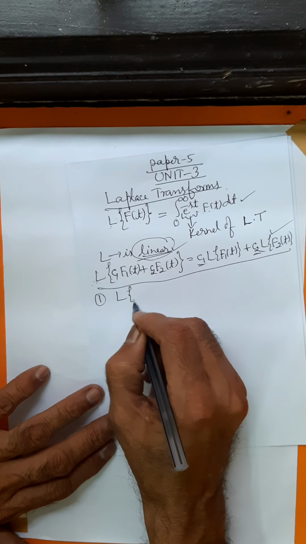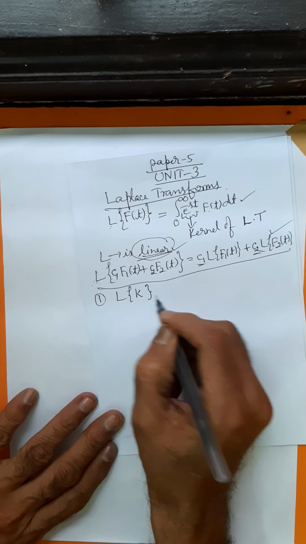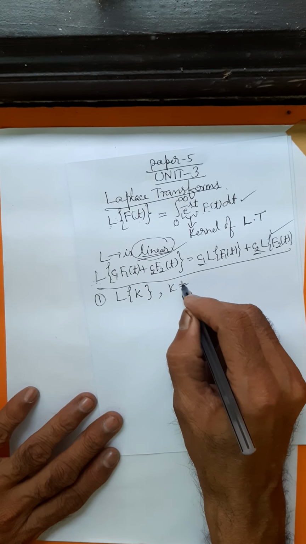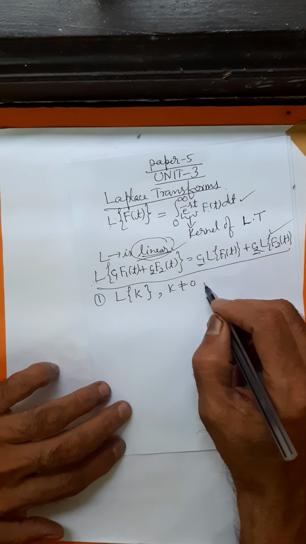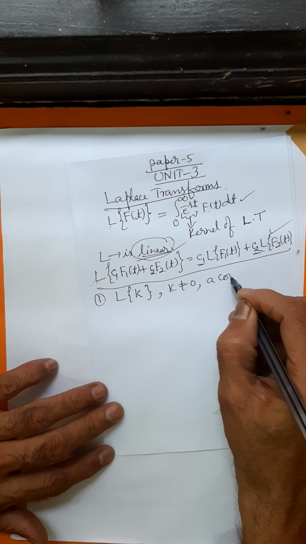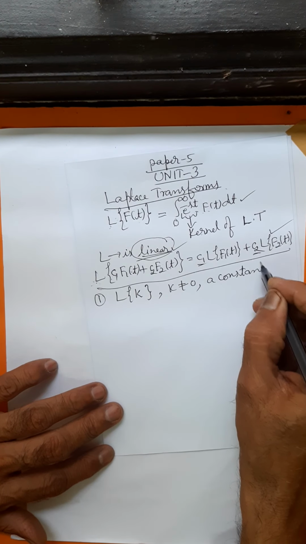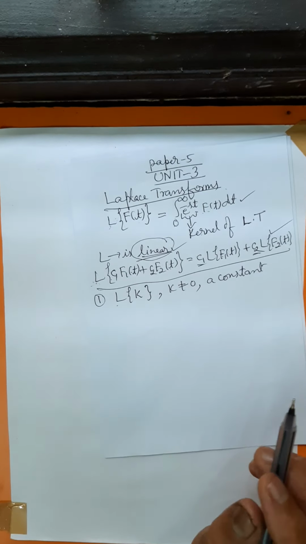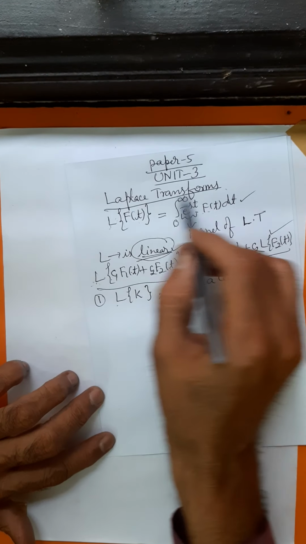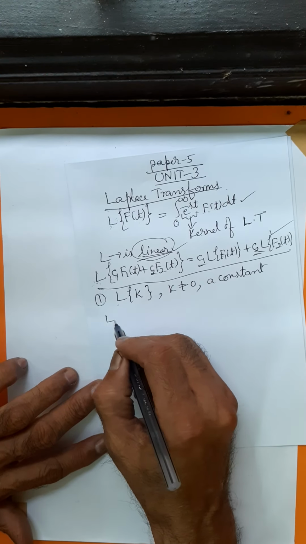What is L of a constant k? Assume that k is not equal to 0, a constant. What is the Laplace transform of a constant? Let us make use of the definition.